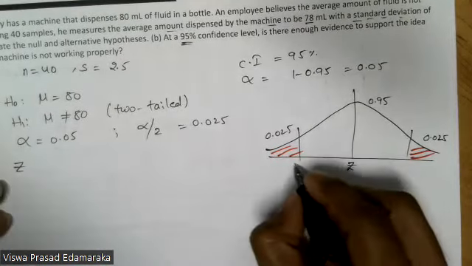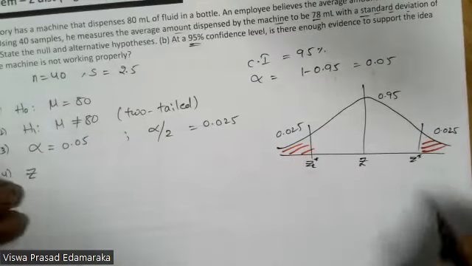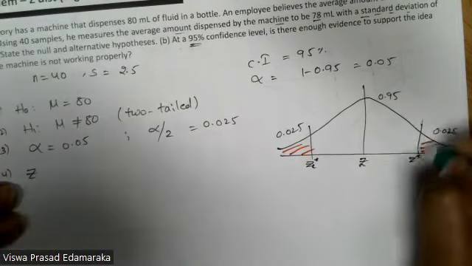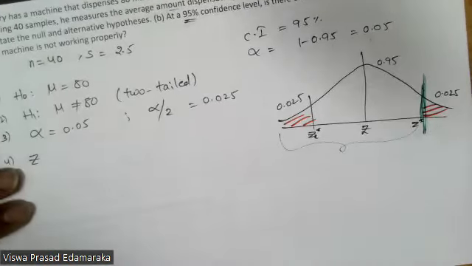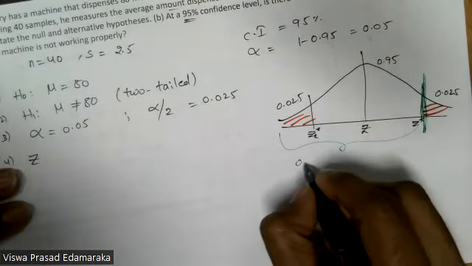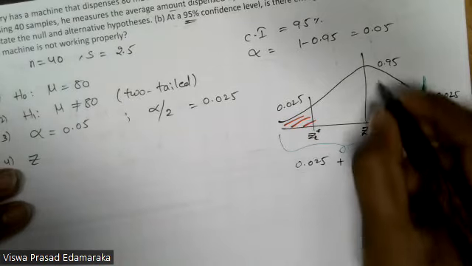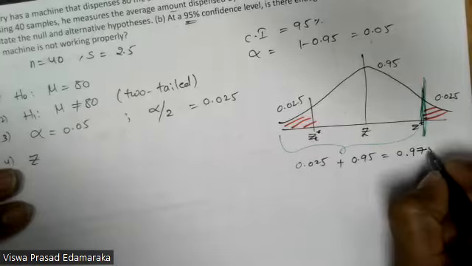We need to find out the Z star values here. As I said earlier before, we have these values from the table. So what is the area? Listen carefully. What is the area from here to here? 0.025 plus 0.95, that is 0.975.